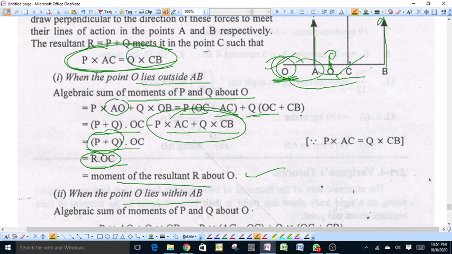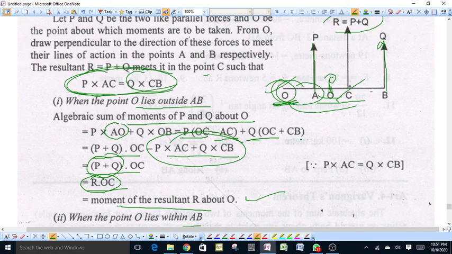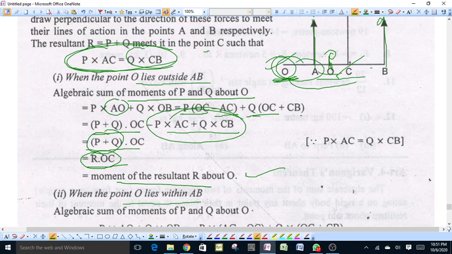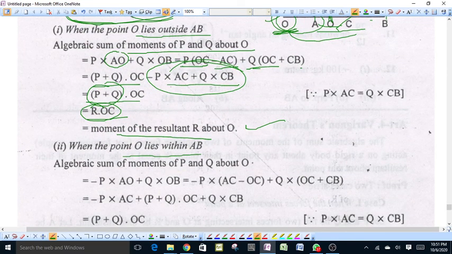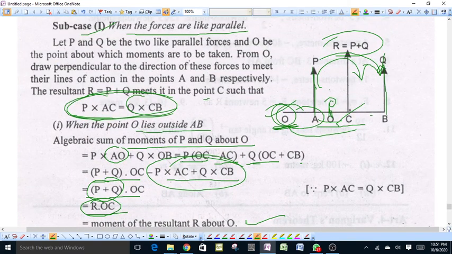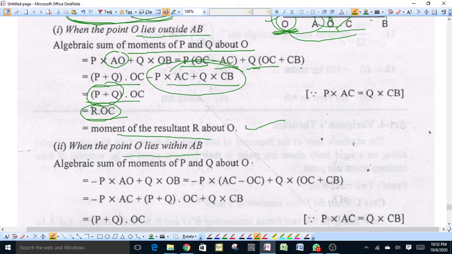The negative sign is taken due to the clockwise sense of movement about O. This P will produce a clockwise moment about O, therefore we have taken the moment of P as negative, and Q will produce an anti-clockwise moment about O, therefore we have taken it as positive: minus P into OA plus Q into OB.